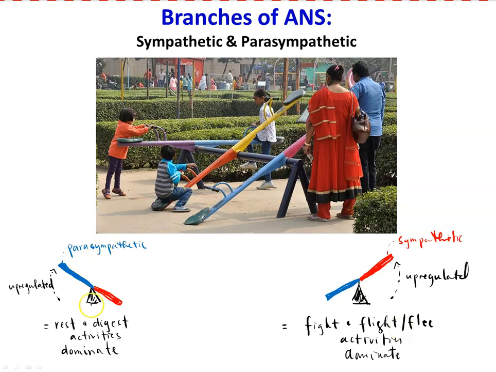Now, something important, I just want to reiterate, when one is upregulated, the other one has to be downregulated. You don't have them upregulated at the same time. Doesn't work that way. Okay? All right. Now, where we're going is I want to show you folks that all the autonomic neurons, right?